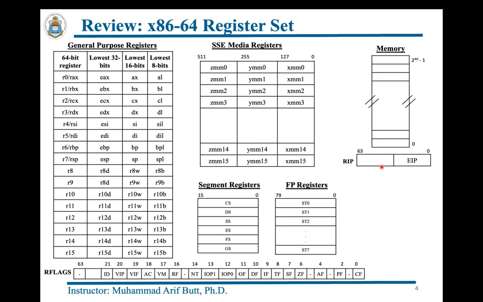The 64-bit instruction pointer, RIP, holds the address of the next instruction to be executed. And finally, over here we have 16 128, 256 or 512-bit SSE or streaming single instruction multiple data extension registers, namely XMM, YMM and ZMM respectively.